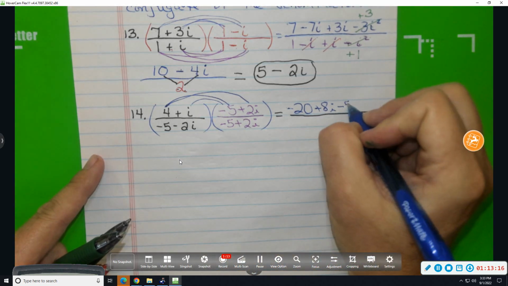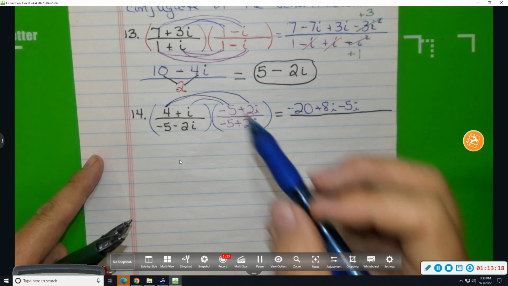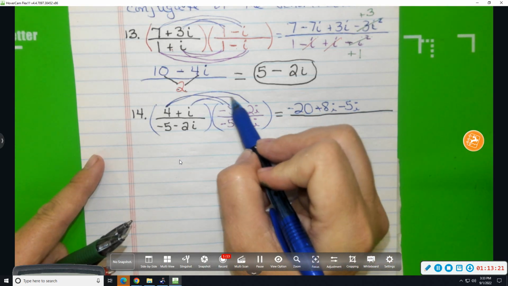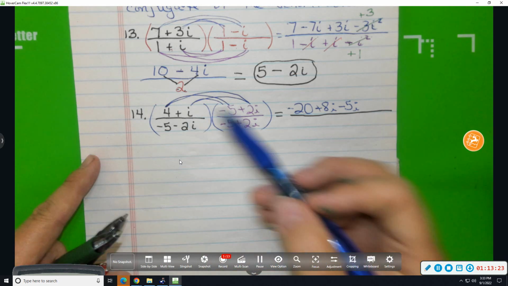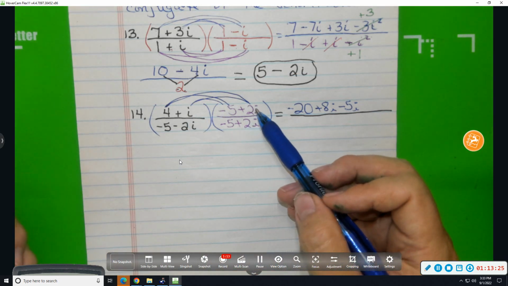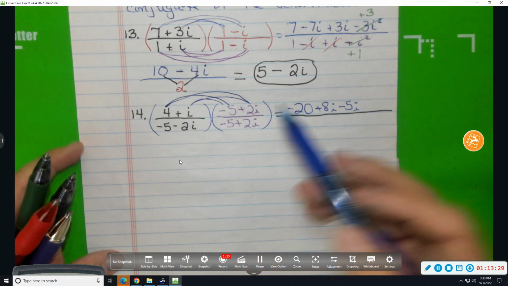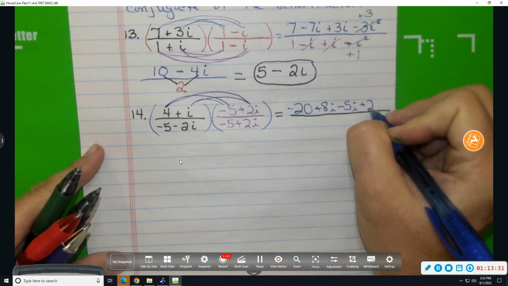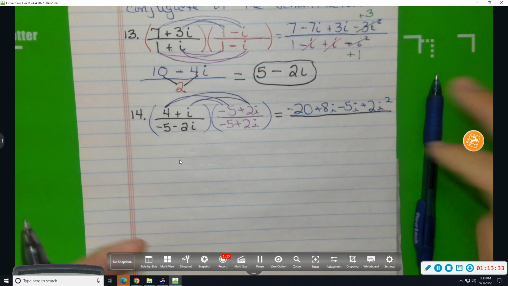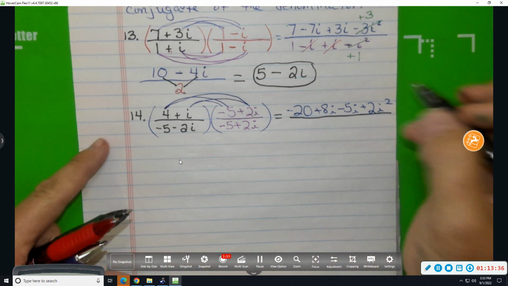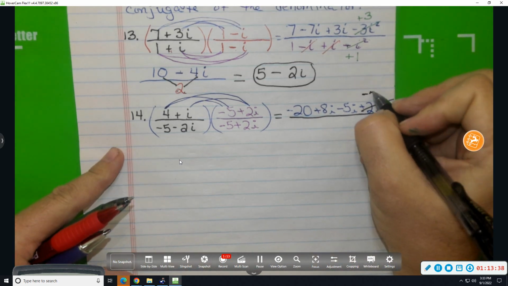I agree with that negative 5i. Last, be careful. The 1i times the 2i is a 2i squared, and we're going to change that immediately to negative 1, so we have a minus 2.